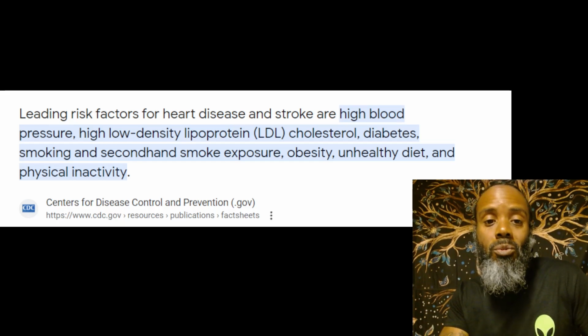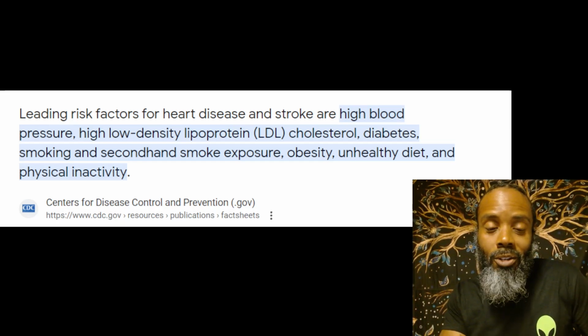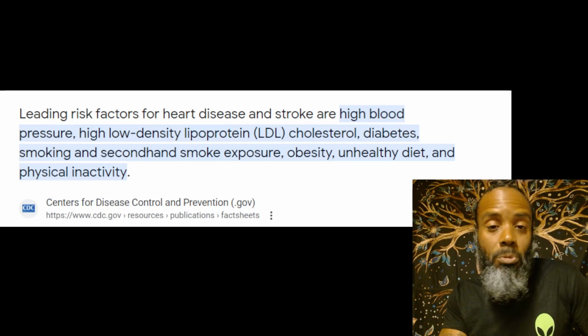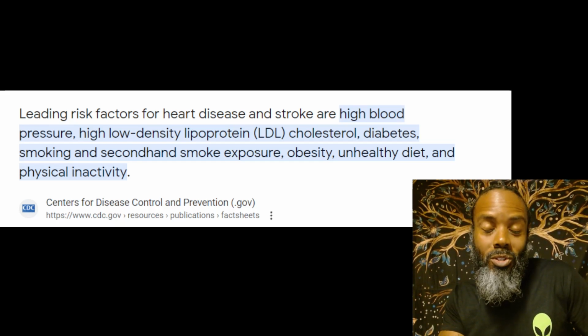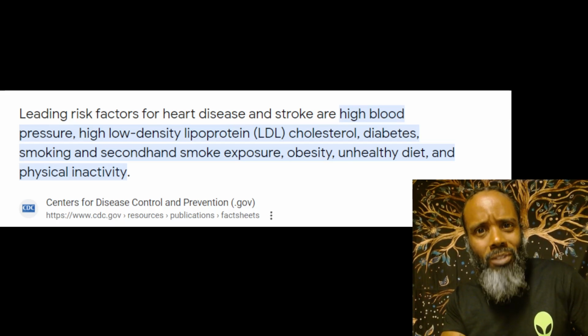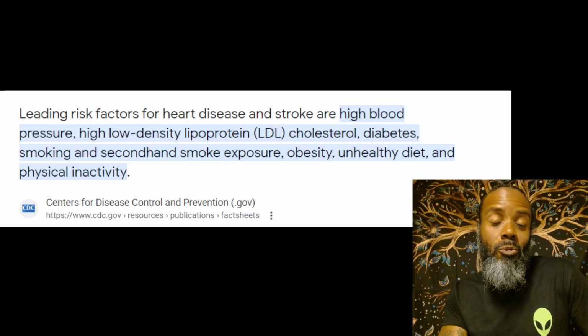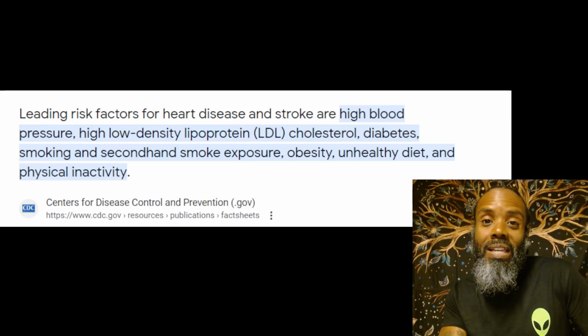Unhealthy diet should have been the first one, because I don't understand why these experts don't make the connection that unhealthy diet is the cause of high blood pressure and high low density lipoprotein and diabetes and smoking and even secondhand smoke exposure. Smoking is a part of your diet. If you smoke cigarettes or whatever, that's part of your diet. And if you hang in environments where you don't smoke, but the people around you smoke and you're inhaling that smoke, it's part of your diet.